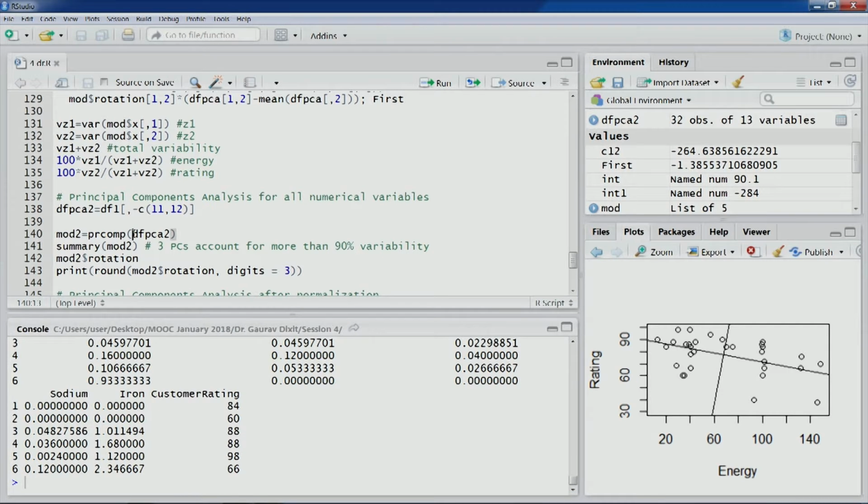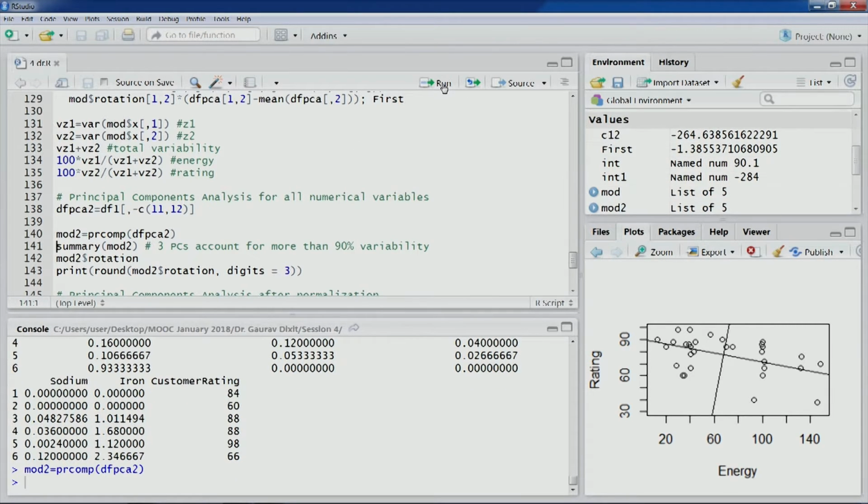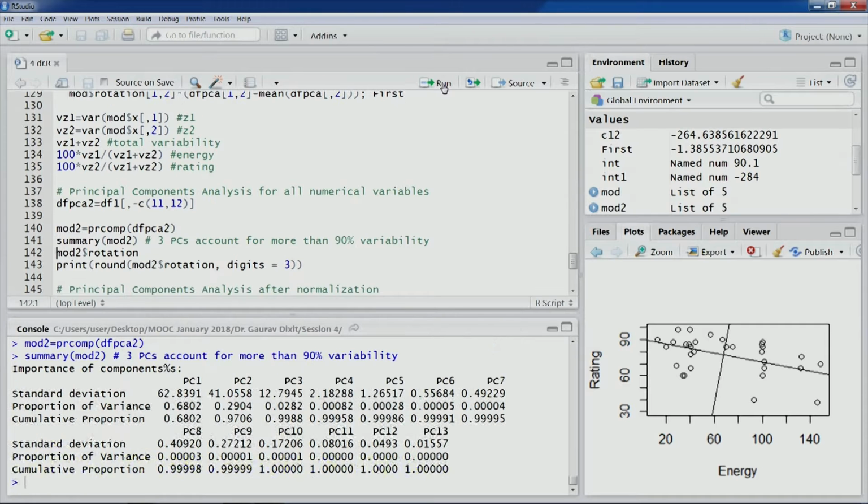So let's apply principal component analysis. The prcomp function, again, we are going to use it. Let's execute this code and look at the summary. You would see that 13 principal components have been used.